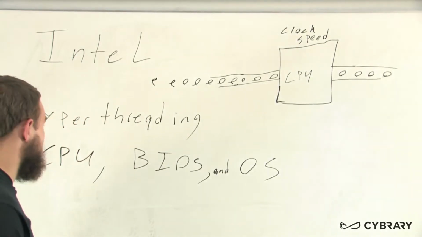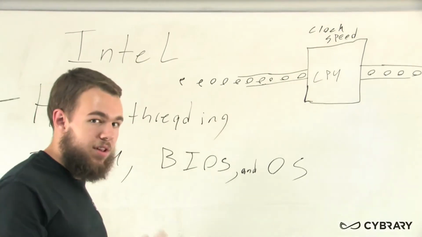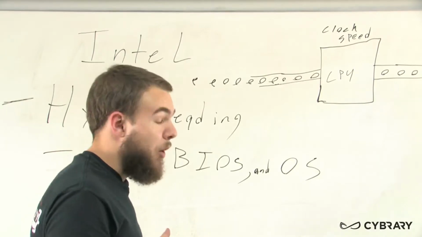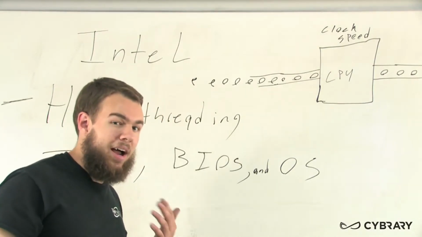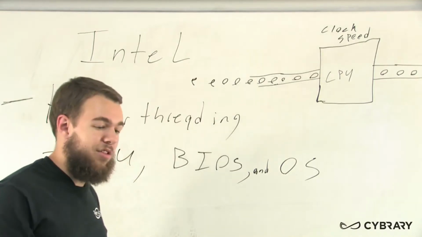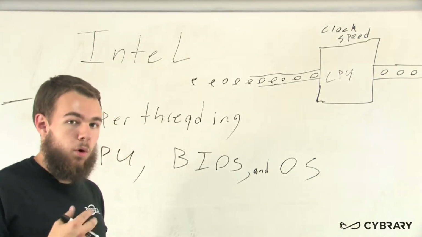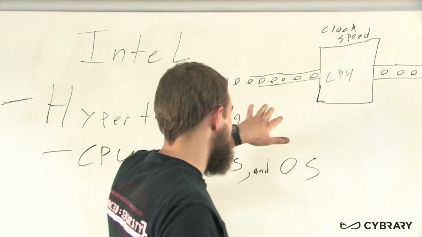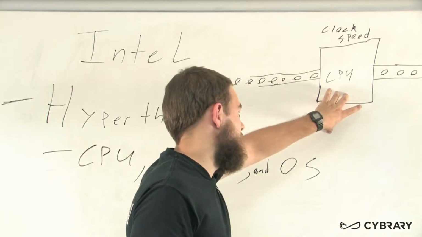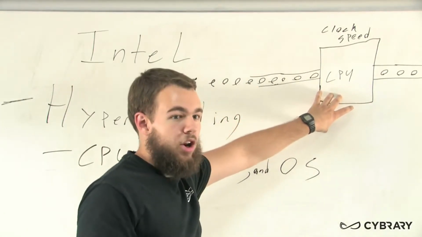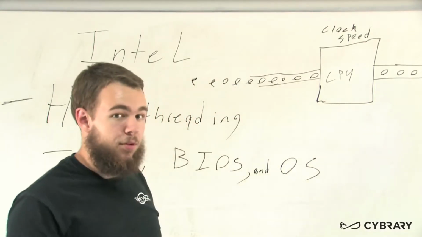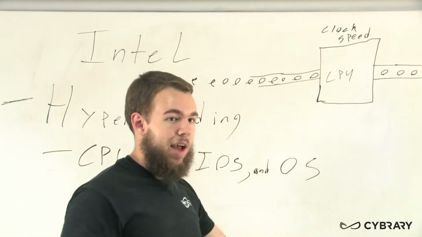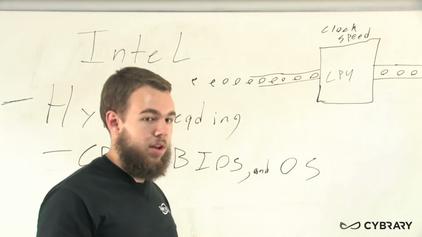Now again, hyperthreading isn't on all of the CPUs out there, and it's Intel proprietary, so it's only going to be on the Intel CPUs. But when we combine hyperthreading with high clock speeds and multi-core processors, we can actually take each single CPU in our multi-core processors and, by using hyperthreading, constantly have tasks available and grab those.